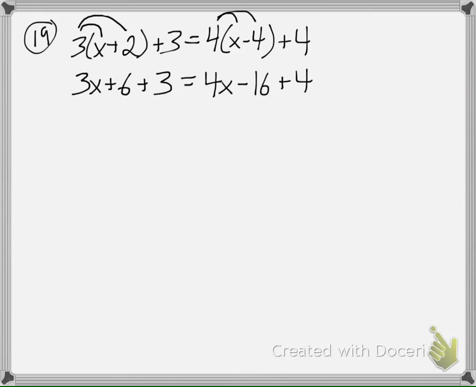And then from there, we combine our like terms, which on the right-hand side would be negative 16 and positive 4, which gives me negative 12, so minus 12. And then on the left, we have positive 6 and positive 3, which gives me positive 9.